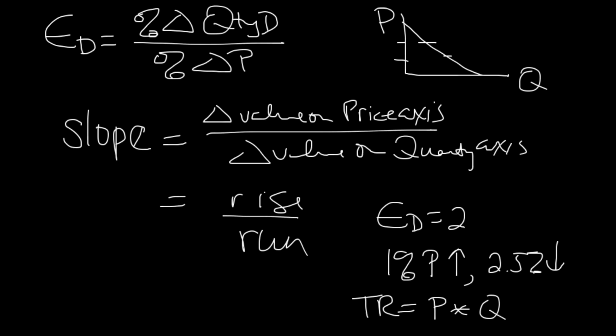It would not be 2.5%. It'd be just 2% because I said elasticity of demand was 2. Okay, so for my business then, if I was considering increasing my prices by 1% and my elasticity at that point is 2, I'm going to lose 2% in quantity. So every time this goes up by 1%, this falls by 2%, total revenue is going to fall. So that's how a business can actually use an understanding of their elasticity to make decisions about their prices.